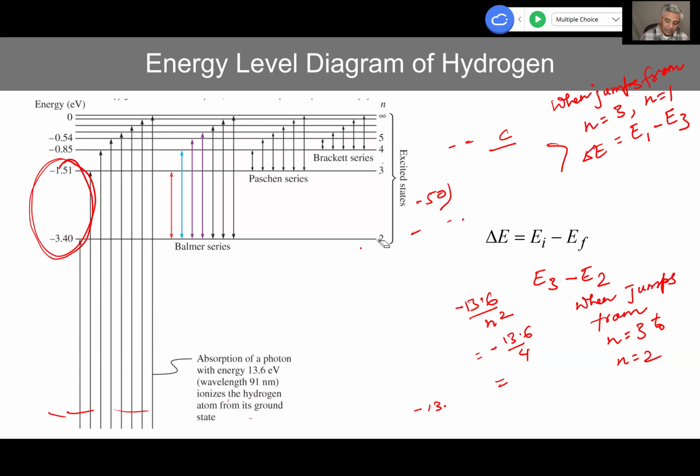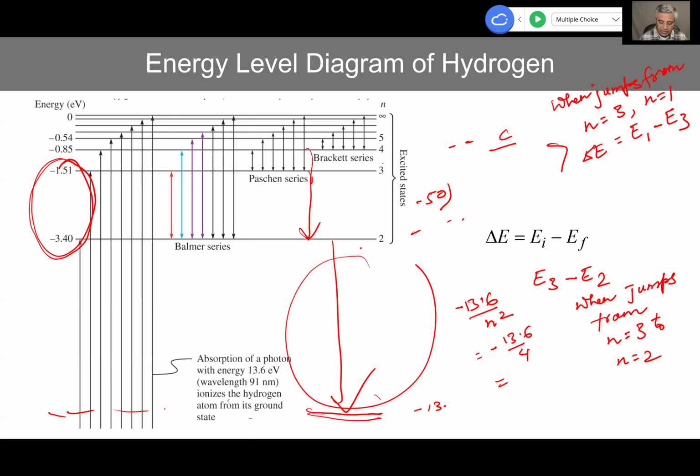So there are these several chances. They may come down here first and then jump here. So we have to look at all possibilities. When they arrive all the way back there, they are going to emit UV.